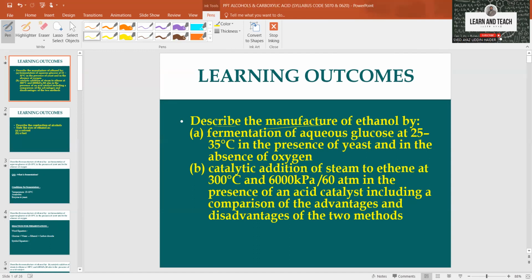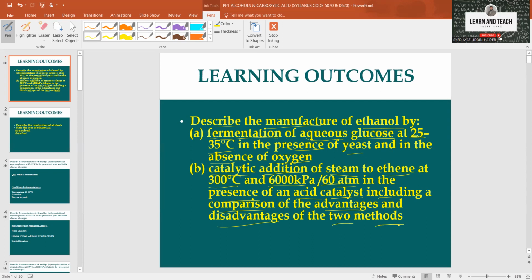Describe the manufacture of ethanol by fermentation of aqueous glucose at 25 to 35 degrees centigrade in the presence of yeast and in the absence of oxygen. Catalytic addition of steam to ethene at 300 degrees centigrade and 6000 kilopascal or 60 atm in the presence of an acid catalyst, including a comparison of the advantages and disadvantages of the two methods.